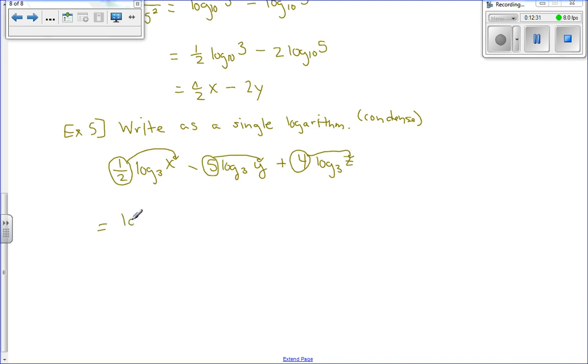So I have log base 3 of x to the 1/2 minus log base 3 of y to the 5th plus log base 3 of z to the 4th.